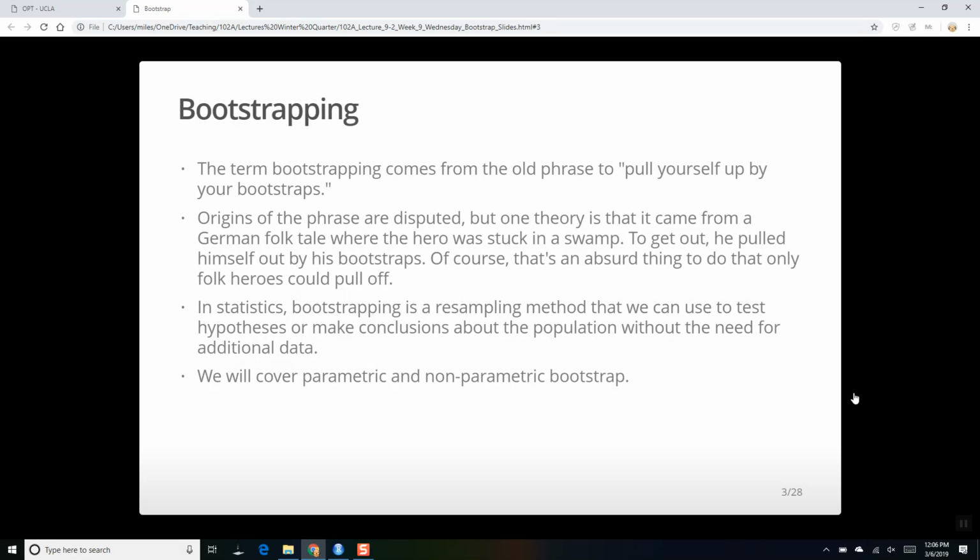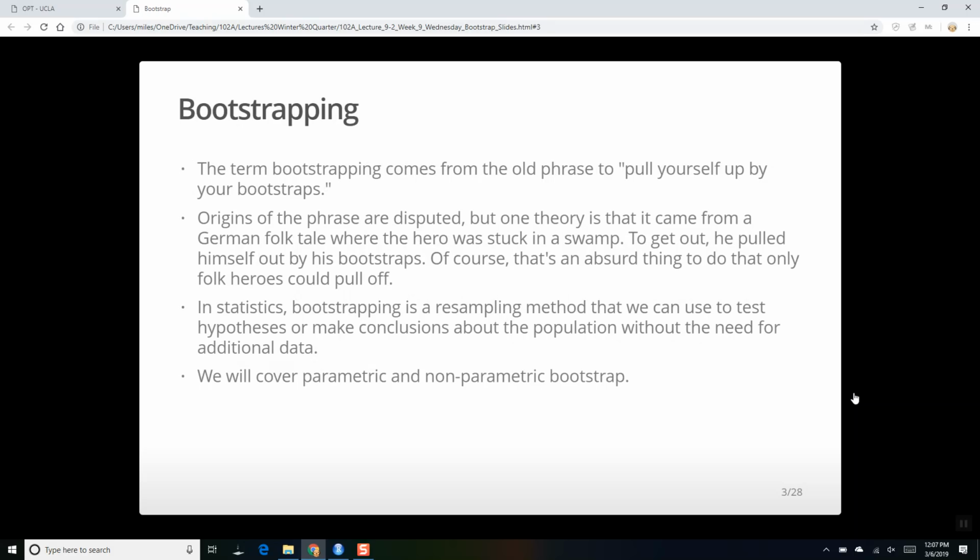I couldn't verify it, but there is some idea that maybe this is one possibility of where the term comes from, and it's that there was this German folk hero. He got stuck in the swamp, and the way he got himself unstuck was he pulled himself up by his bootstraps. Okay, it's a ridiculous idea, but it's the idea that you are helping yourself out without external help. You're getting yourself out of a problem without any kind of external help.